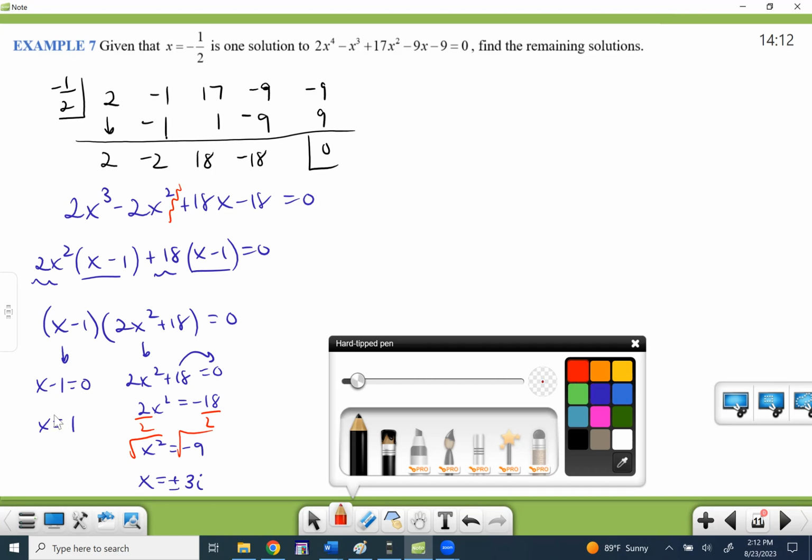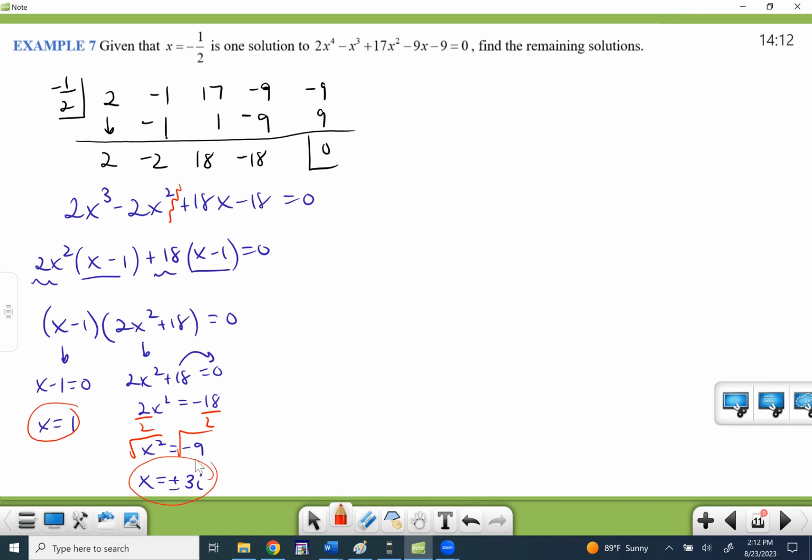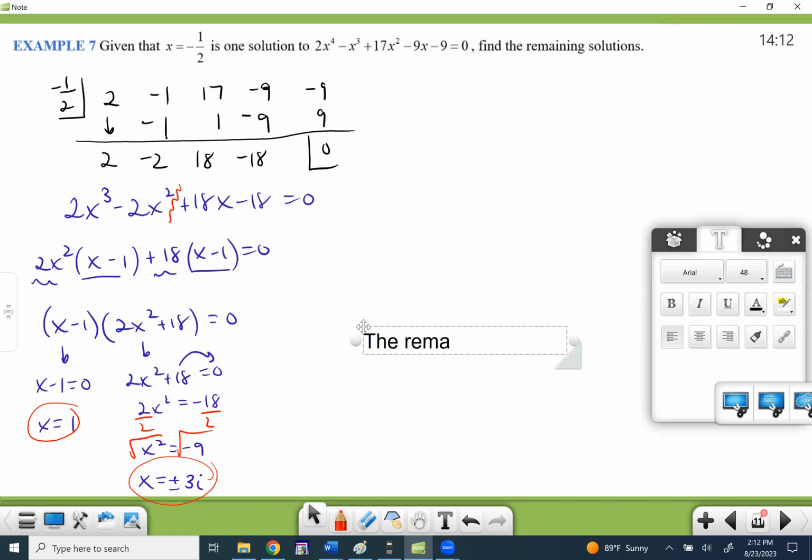Okay, so these are what I would classify as the remaining solutions. Let's just do this: 1, comma, 3i, and negative 3i.